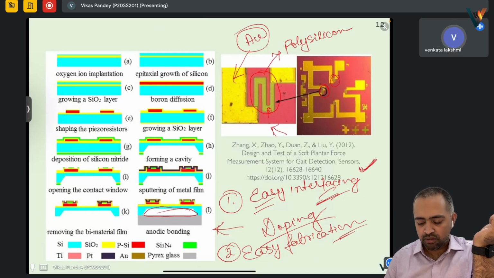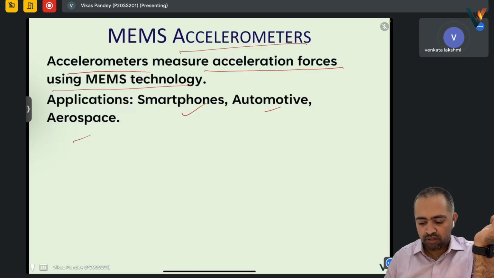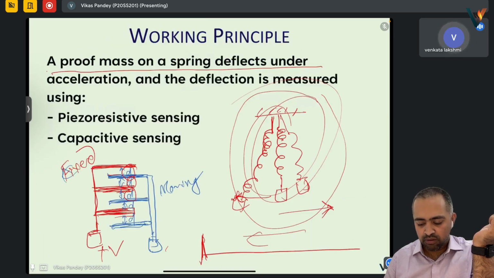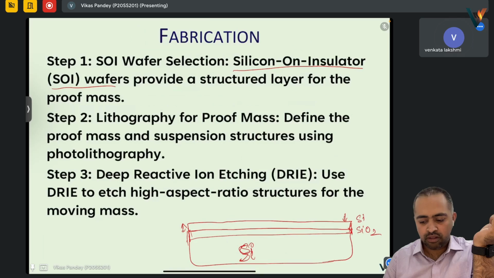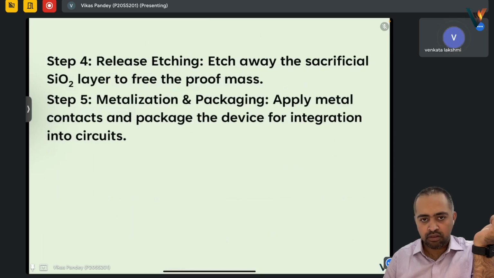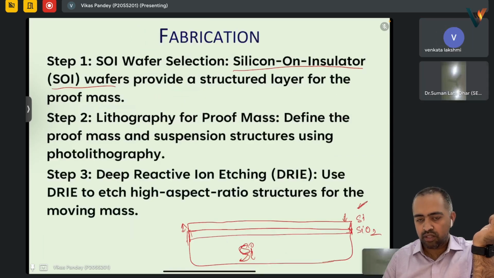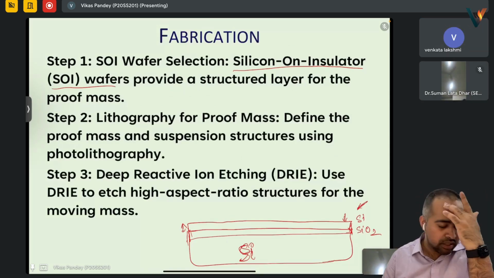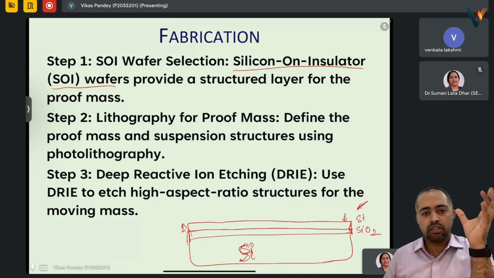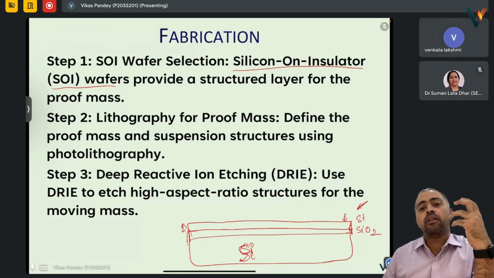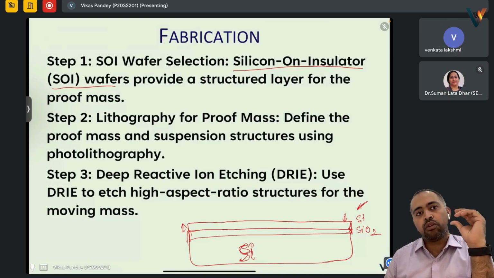The last topic, sir, the recent slide. Okay, this accelerometer, next one. This Si layer on top. Yeah, we are not talking about mass now. Okay, sir, first we are talking about the wafer itself.